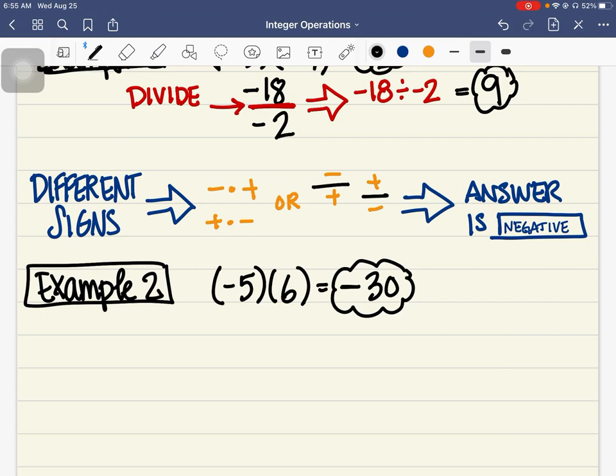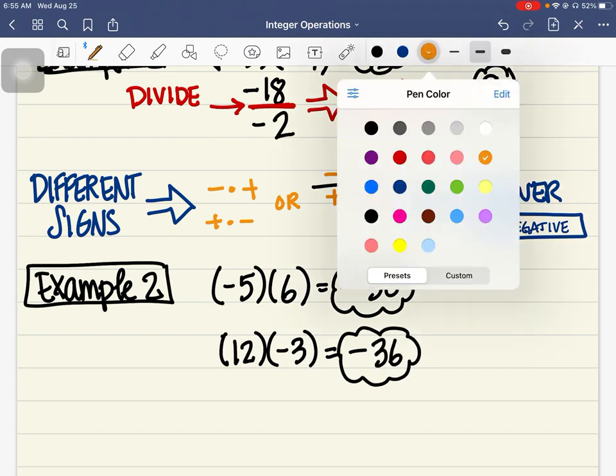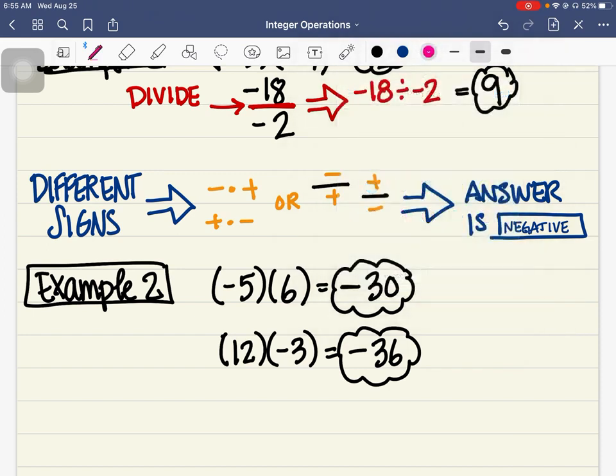It doesn't matter if the negative comes first or second. I could have a problem that is 12 times -3. One is positive and one is negative. They have different signs. The answer is going to be negative, and I multiply those two together and I get 36. So it's -36.